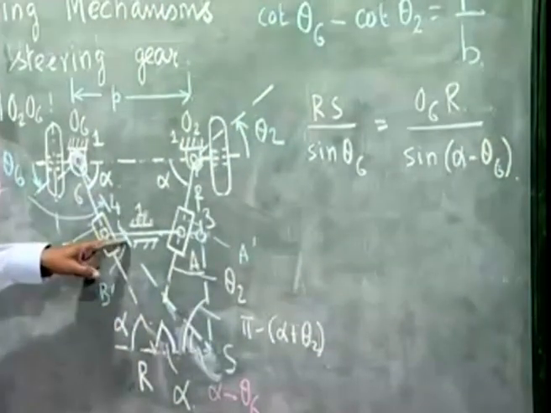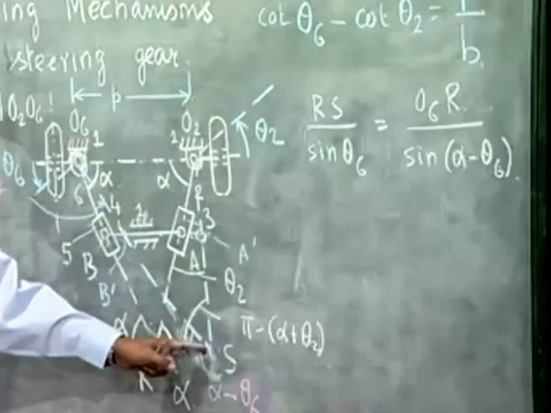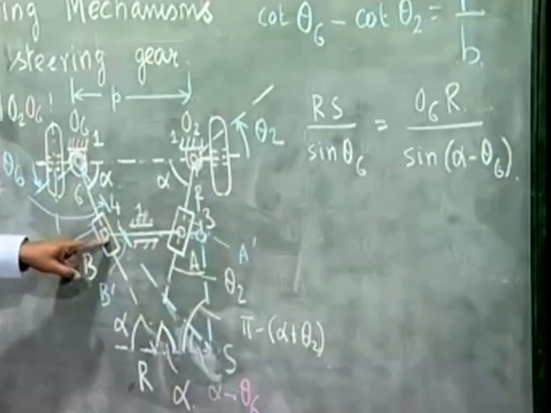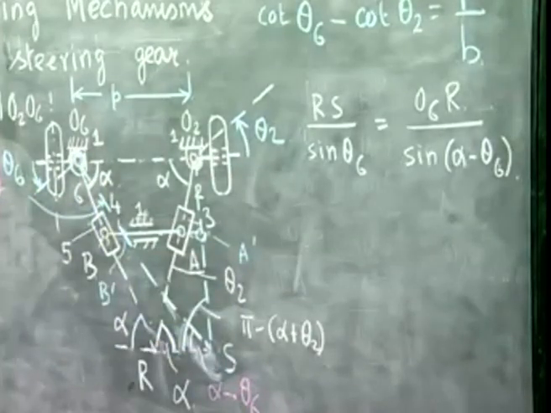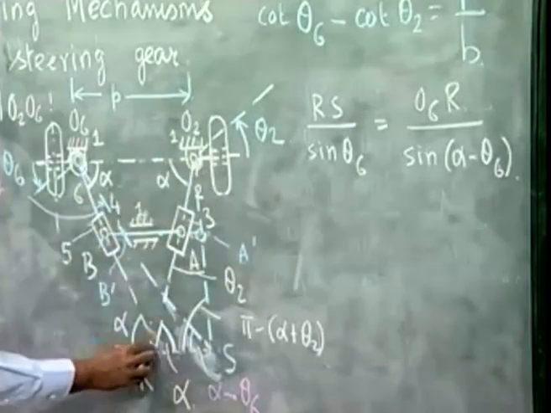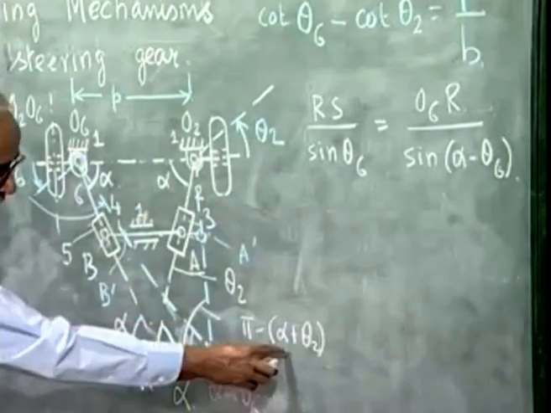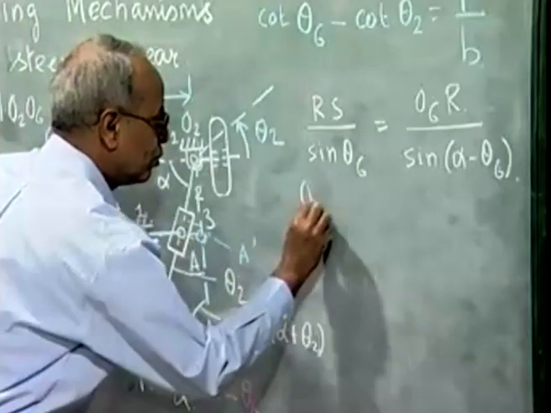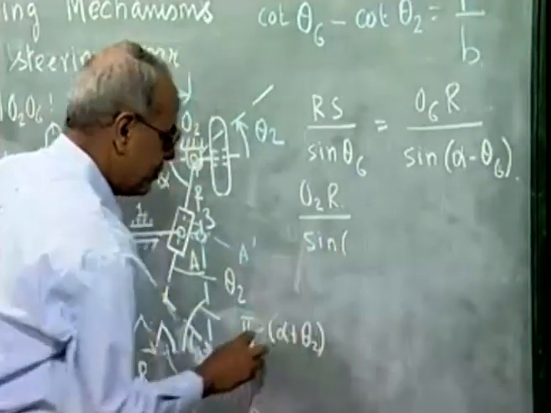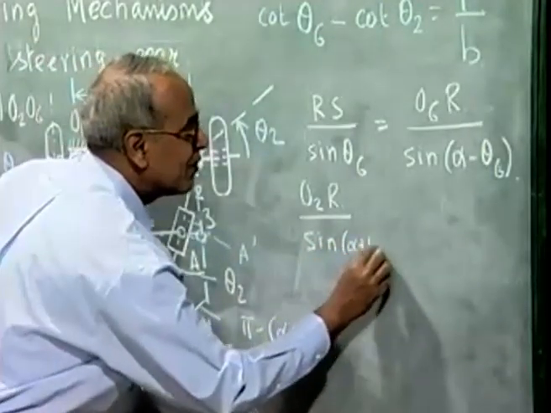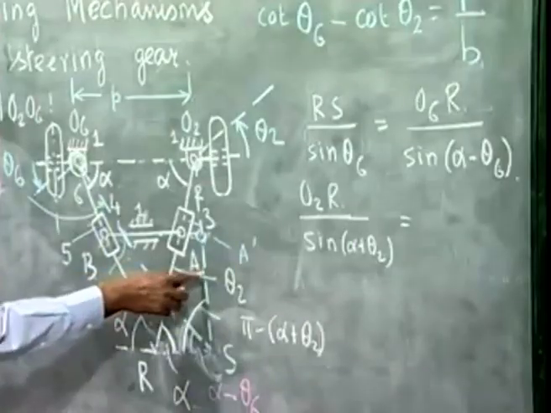This angle is alpha, this angle is theta 6, so this angle is alpha minus theta 6. Again, we apply the triangle sine law for O2RS, this triangle. So, O2R by sine of pi minus alpha plus theta 2 is the same as RS divided by sine of this angle, which is theta 2.